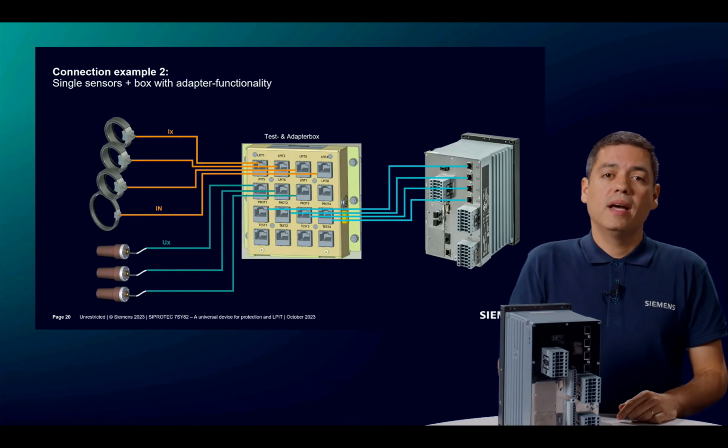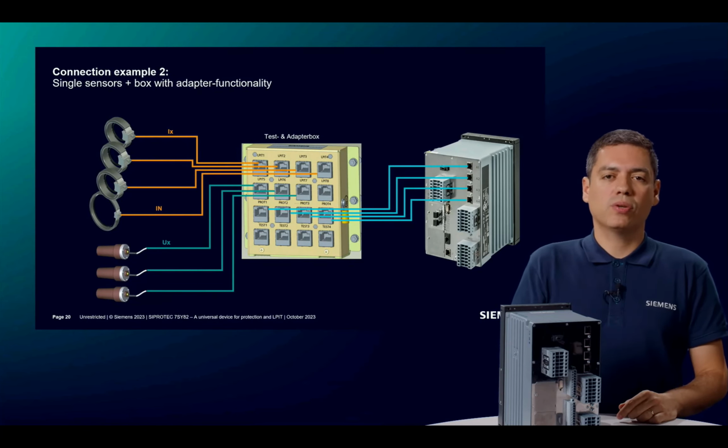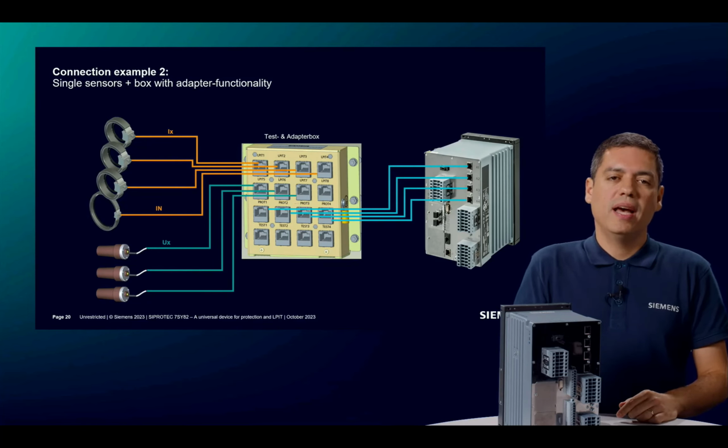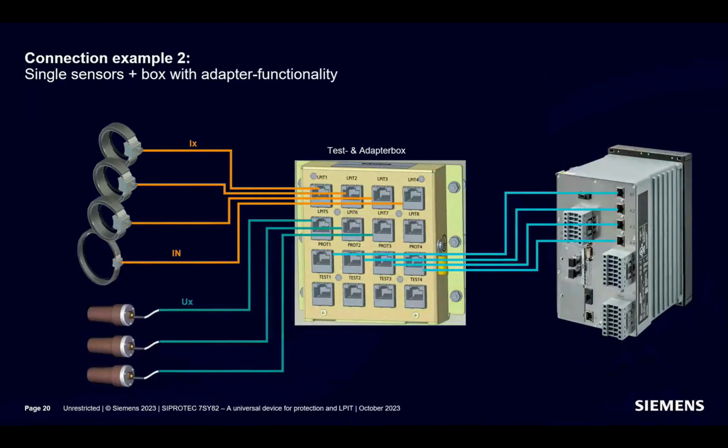It gets a bit more complicated when separated sensors are used to measure current and voltage, since each of these sensors has its own RJ45 connector. For this, we recommend the adapter box shown here on the slide. In the top 2 rows are the connectors for 8 LPITs. The current sensors are plugged in the first line, and the voltage sensors in the second line.